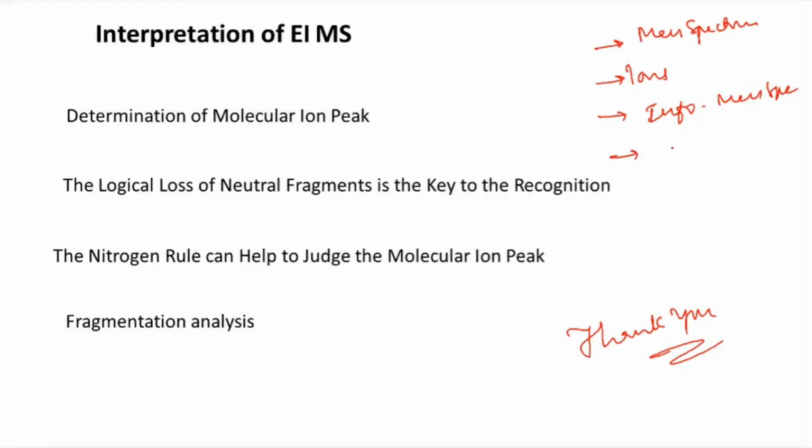And we have seen the nitrogen rule. Maybe you might have already got some idea of the nitrogen rule in B pharmacy. We also have seen the sequence we follow for mass spec analysis.